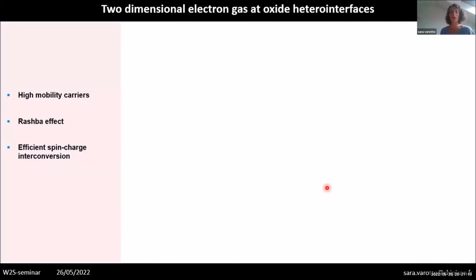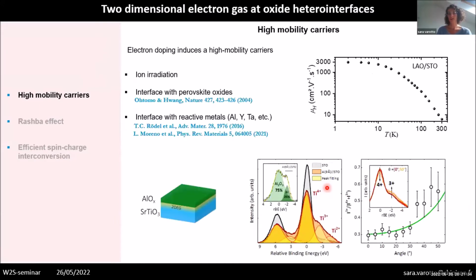What we need to know is that two-dimensional electron gases in oxide interfaces are quite important in spintronics, because they have high mobility carriers that, combined together with the Rashba effect, lead to efficient spin charge interconversion. So how can we create high mobility carriers, how can we create a 2DEG in an oxide?